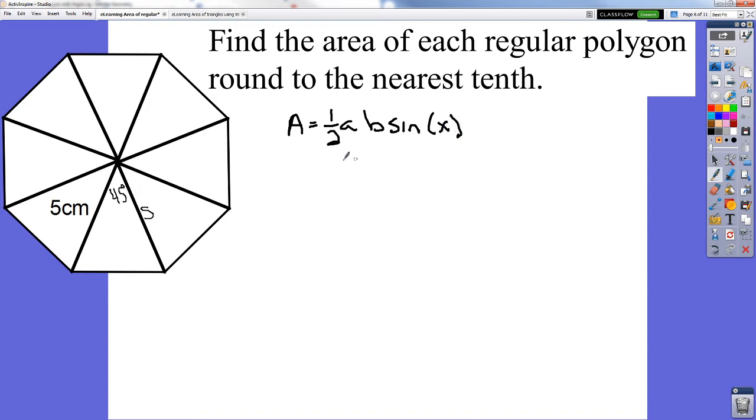Our a and our b are both 5. Our angle is 45, that's sine of 45.